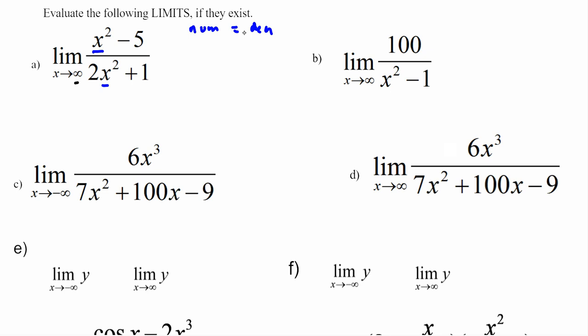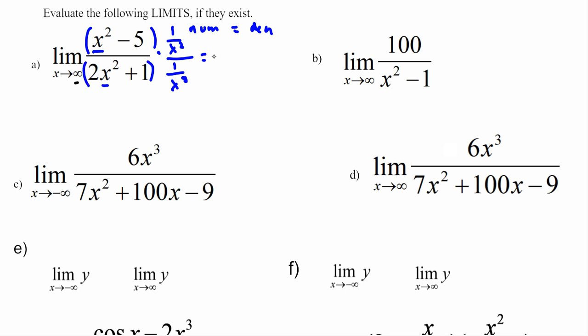Now, just to show you how this works and why we're going to use the leading coefficients, I'm actually going to multiply this by 1 over the highest power, the highest degree, on both top and bottom. When we do that, we can multiply this through.